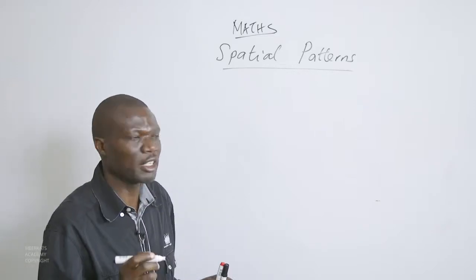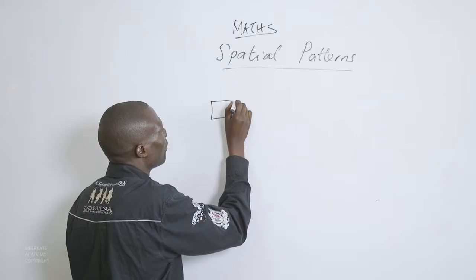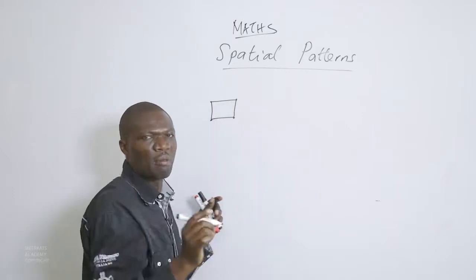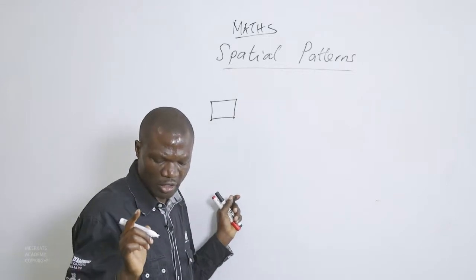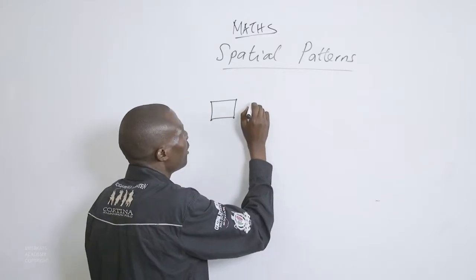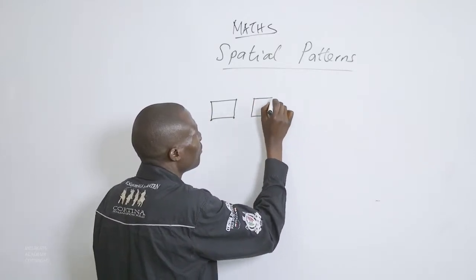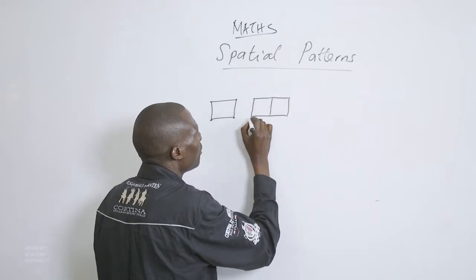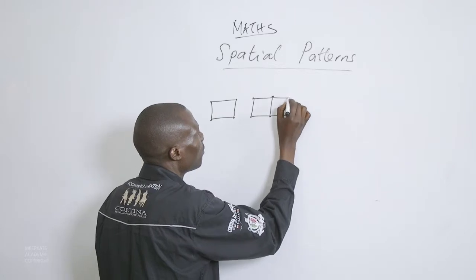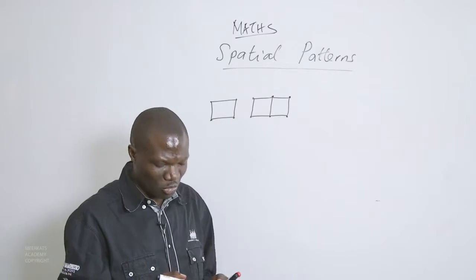Now, if we take, for example, an ordinary square, this one has been formed by 4 sticks. If we say we want the 2, we shall move ahead and have these 2 squares.